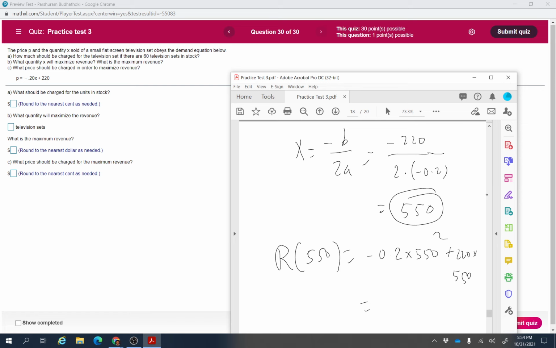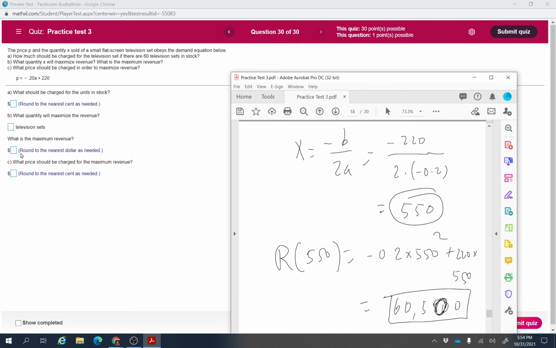So the revenue would be 60,500. This is the maximum revenue, 60,500, and we get this maximum revenue by selling 550 items.